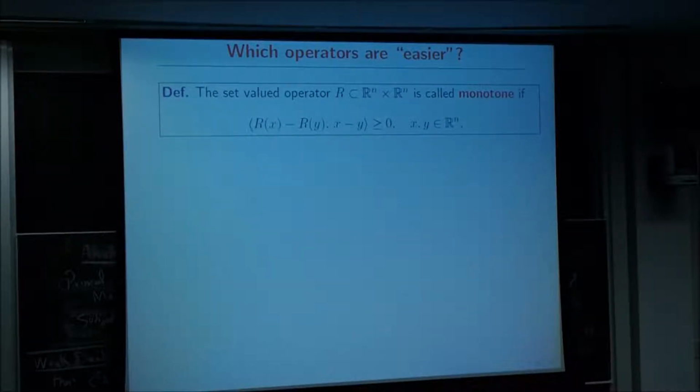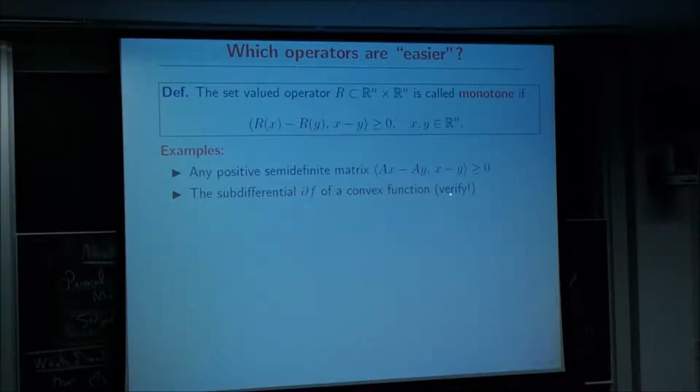So let's see some simple examples. If A is a positive semi-definite matrix, then that holds for it, so it has that monotonicity property. Now the subdifferential of a convex function should satisfy this property.